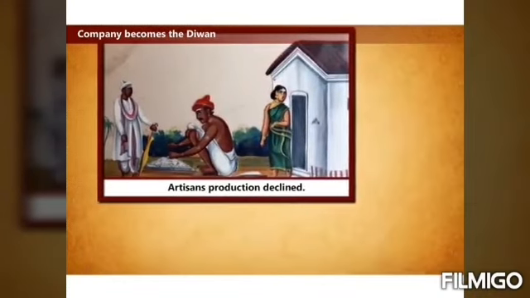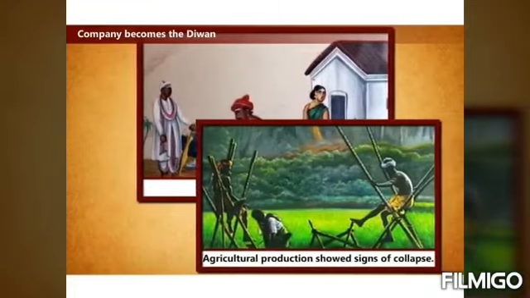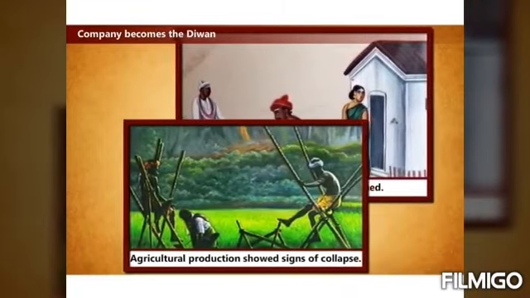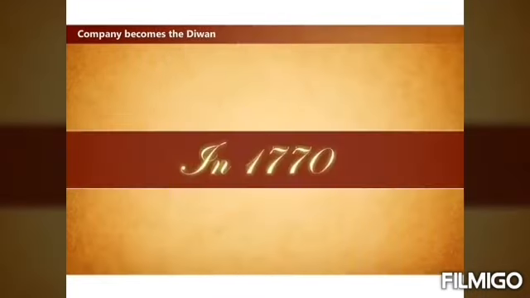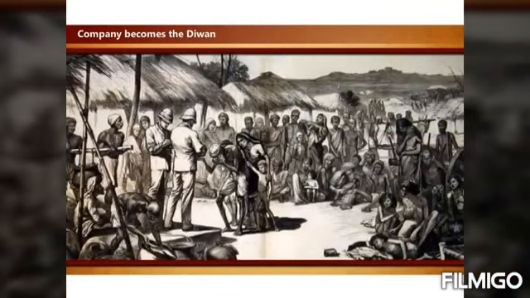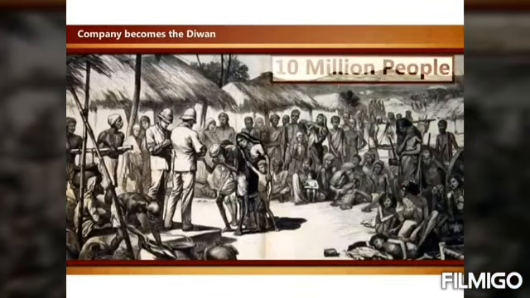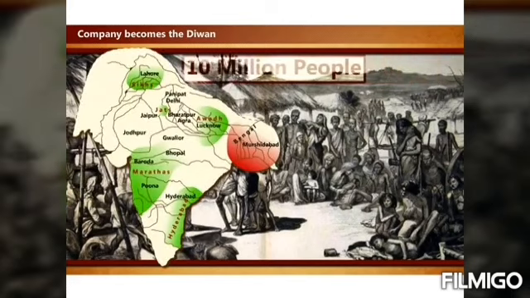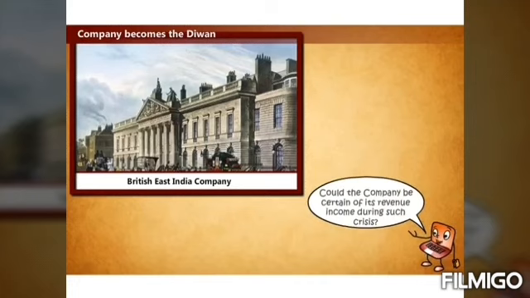Artisanal production was in decline and agricultural cultivation showed signs of collapse. And thus, in 1770, a terrible famine killed 10 million people in Bengal and about one-third of the population was wiped out. Could the company be certain of its revenue income during such a crisis?